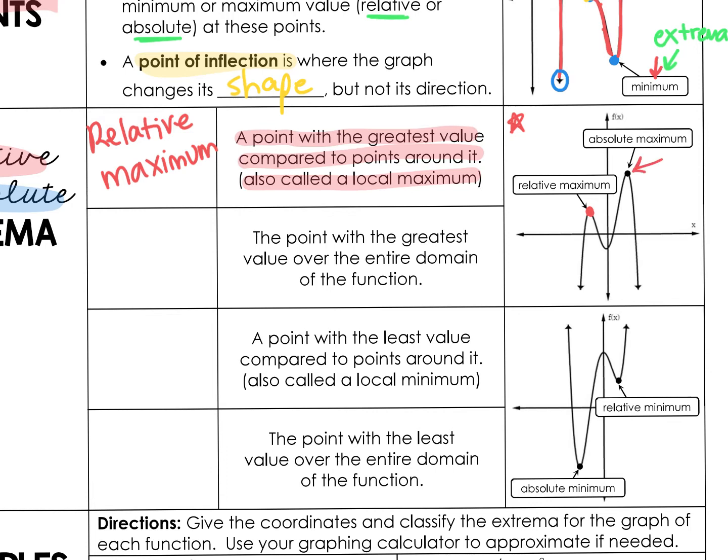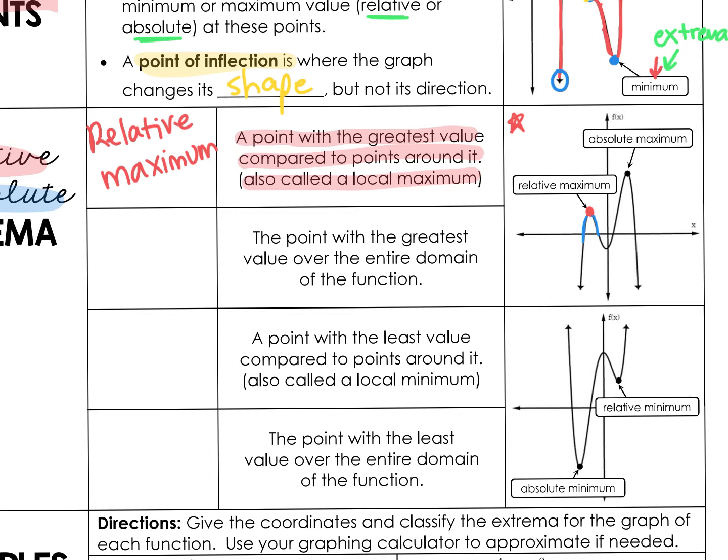This is the highest point in the graph. However, it is the highest point relative to the points that are around it. So compared to the other parts of the graph around it, it's the highest point. So it's a relative maximum because it's a maximum compared to the points around it.